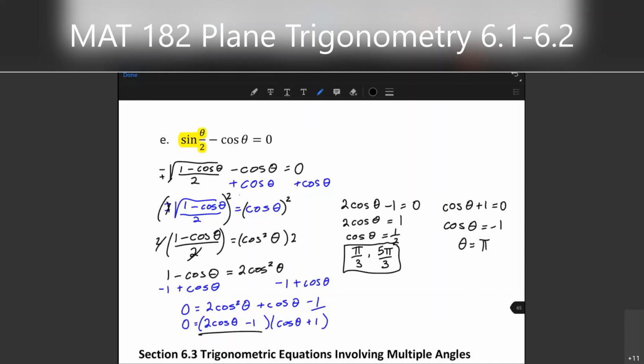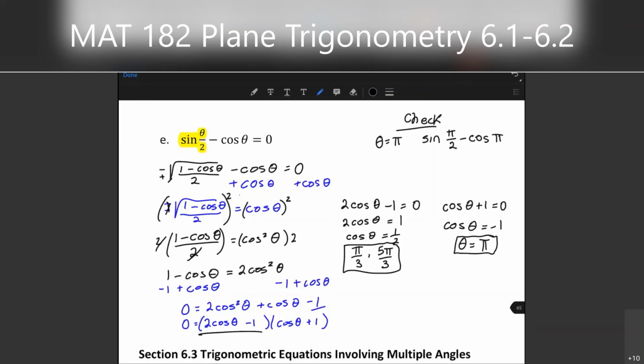Again, whenever we're working with these half angles, it's a good idea to check our solutions. In this prime example, why? If I wanted to check, I'll specifically check this last solution because this is the one that causes a problem. If I check whether theta equal to pi is a valid solution, I would say that sine of pi over 2 minus cosine of pi, I want to verify that that's actually 0.